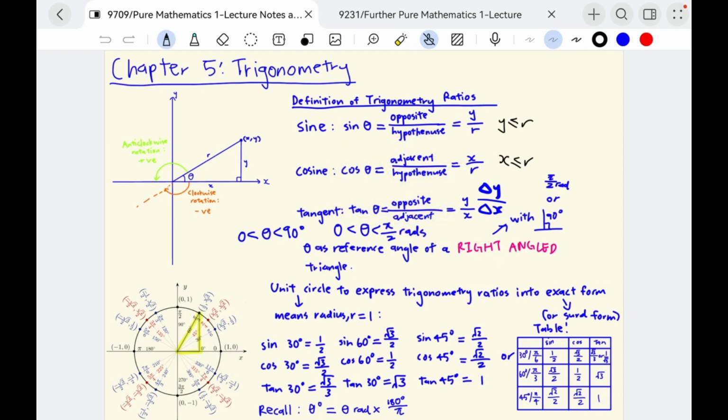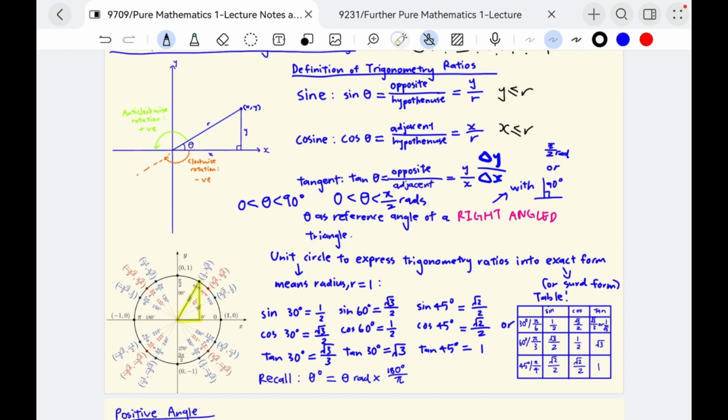Or we can use the memorizing method, which is TOA, CAH, SOH. Okay? T means tangent, O over A, C means cos, A over H, S means sine, O over H. Okay?